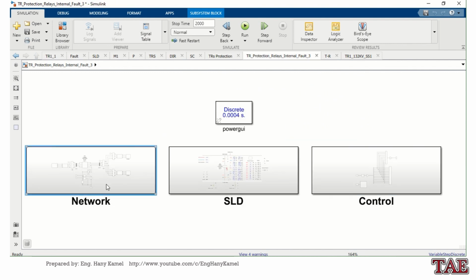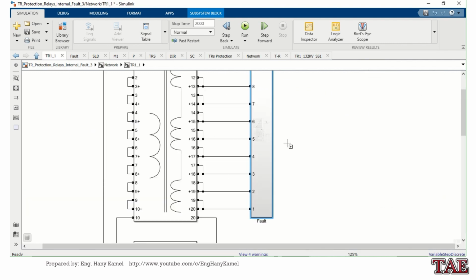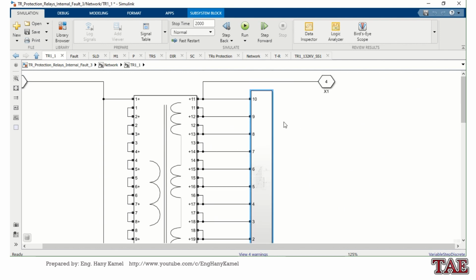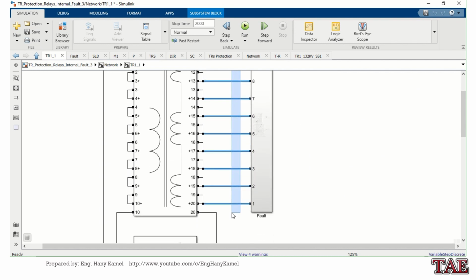Now I will shift the fault from low voltage winding to high voltage winding.